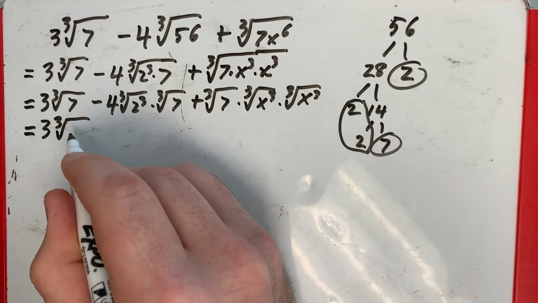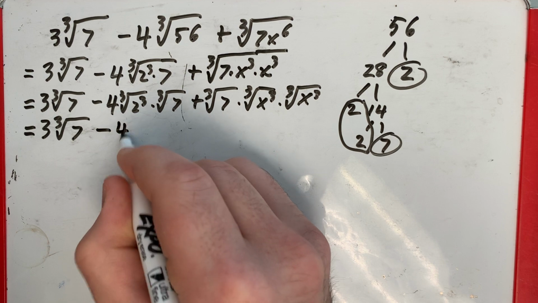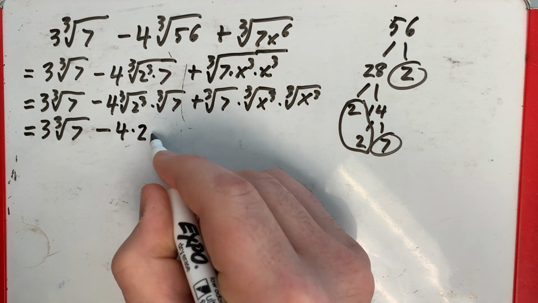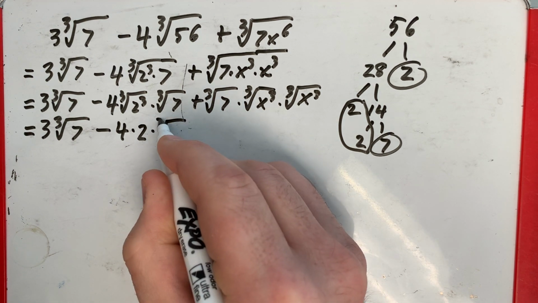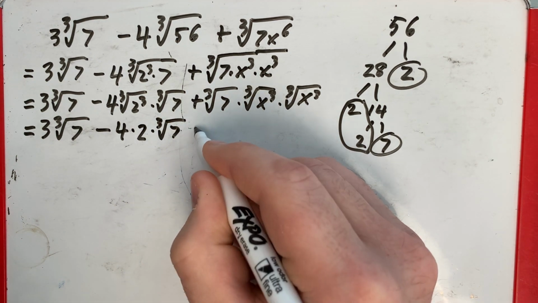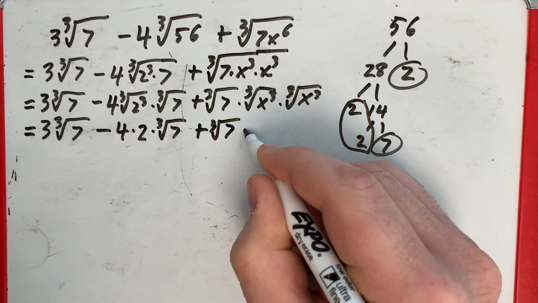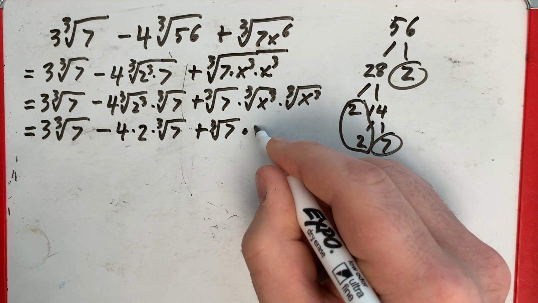So we have 3 times cube root of 7 minus 4 cube root of 2 cubed, that's just 2. Cube root of 7, 7 is prime, so we can't do anything more with that. Then we have cube root of 7 here, can't do anything more with that. But this x cubed, cube rooted, that's just x.